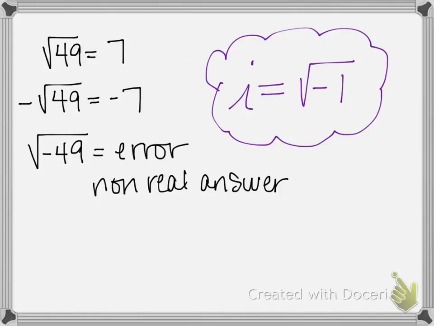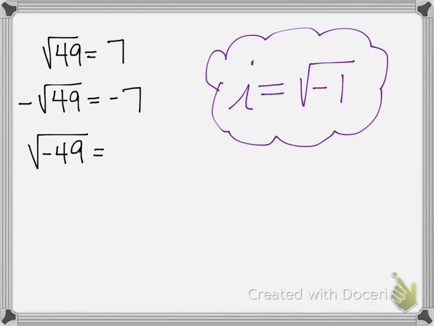Now, the way we can work with that is I can now solve this problem of the square root of negative 49. Instead of error or non-real answer, I can now break it down into the square root of negative 1 times 49.